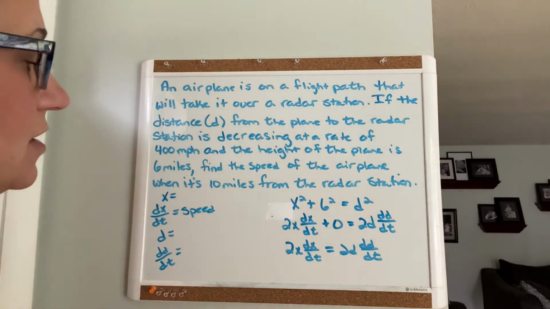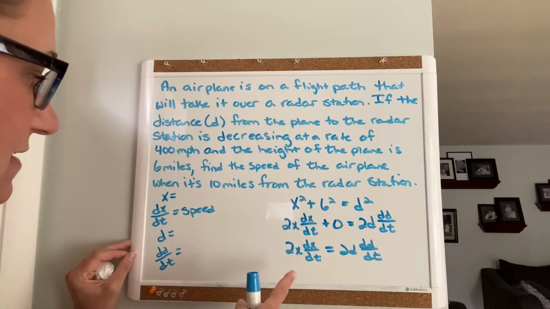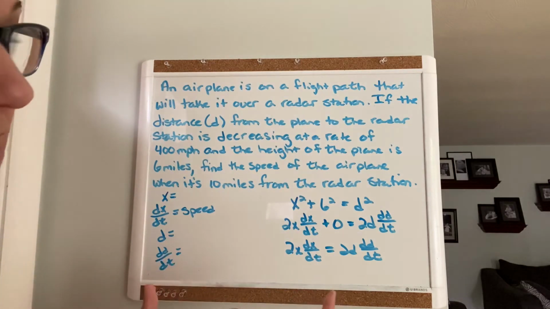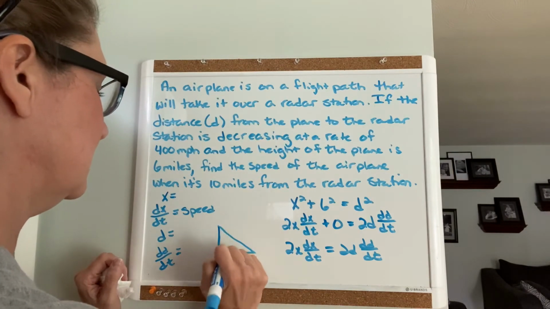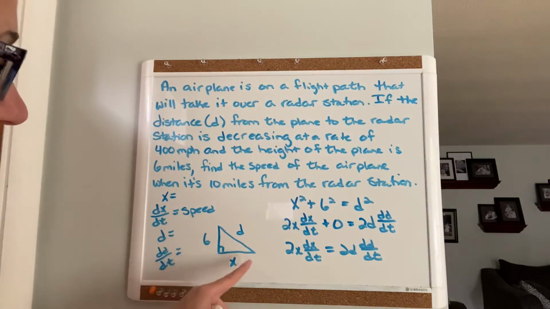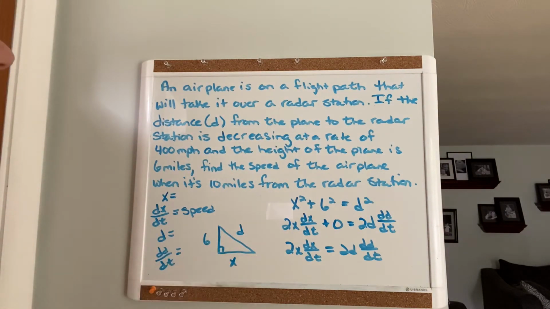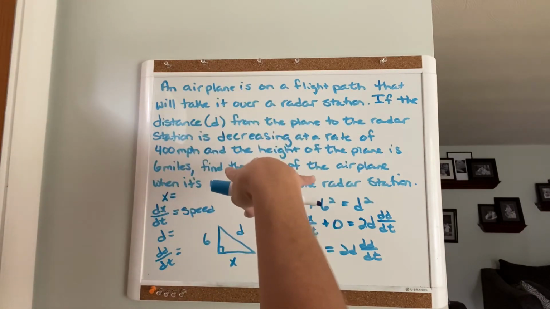Okay, so now in order to find x, go back to the picture. I'm so sorry I erased it here. Go back to your picture. This was x, this was 6, the height of the plane, and then we had d, the distance the airplane was from the radar station. Now, if you go back to your word problem, let's fill a few things in.